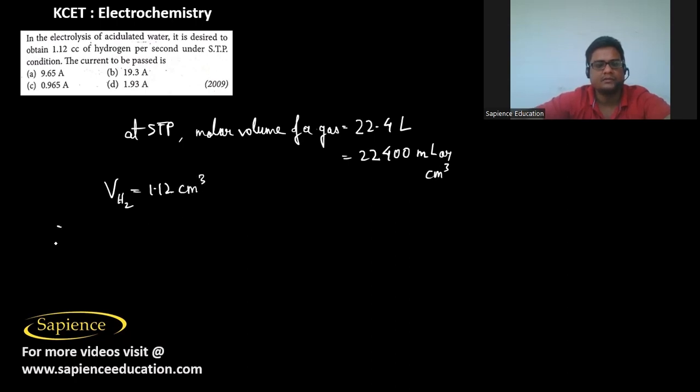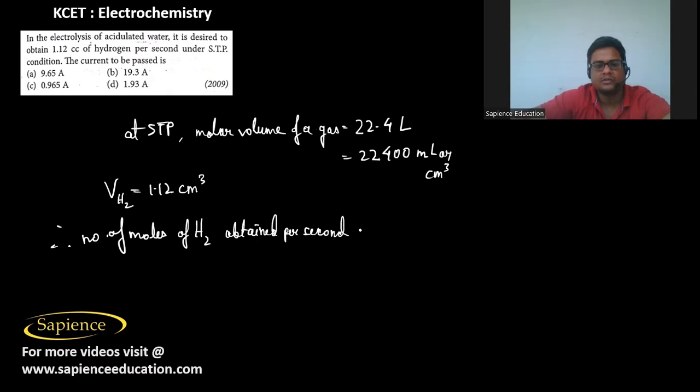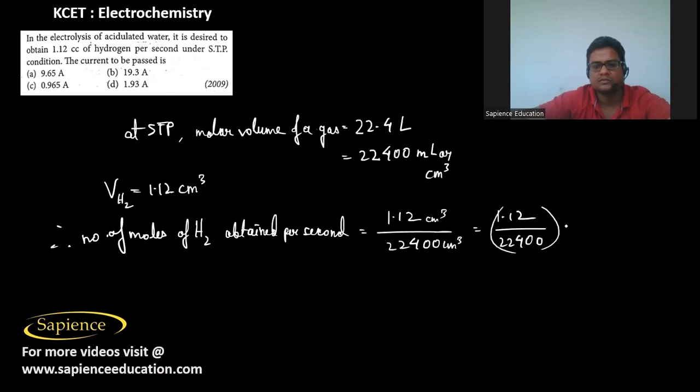Therefore the number of moles of hydrogen obtained per second will be equal to 1.12 centimeter cube divided by 22,400 centimeter cube. So this will be 1.12 divided by 22400 moles.